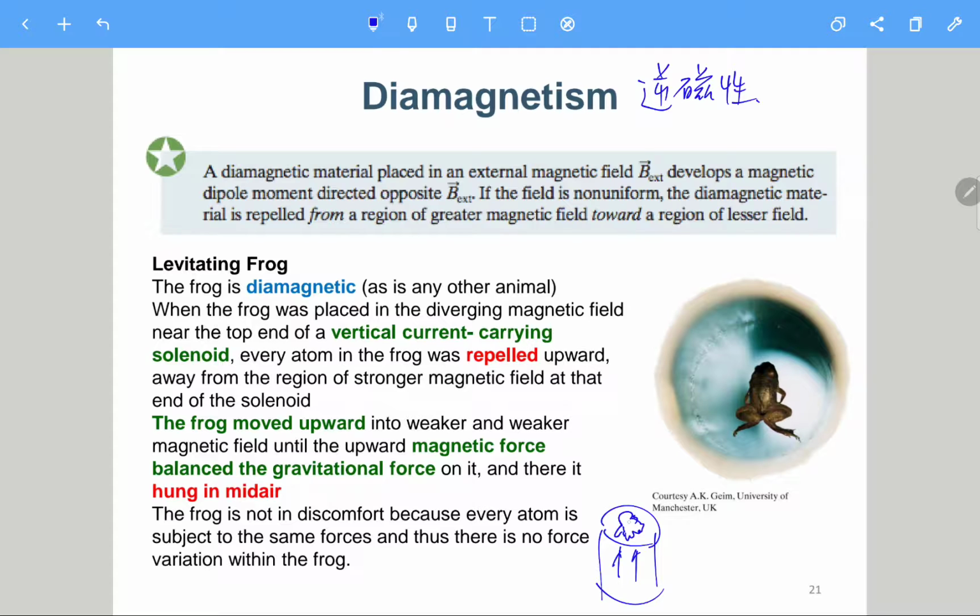For the frog, there is some diamagnetic material inside it, so it will generate a field. This is called B external, pointing upward, and the frog will generate some magnetic field pointing downward. So the frog will be floating.